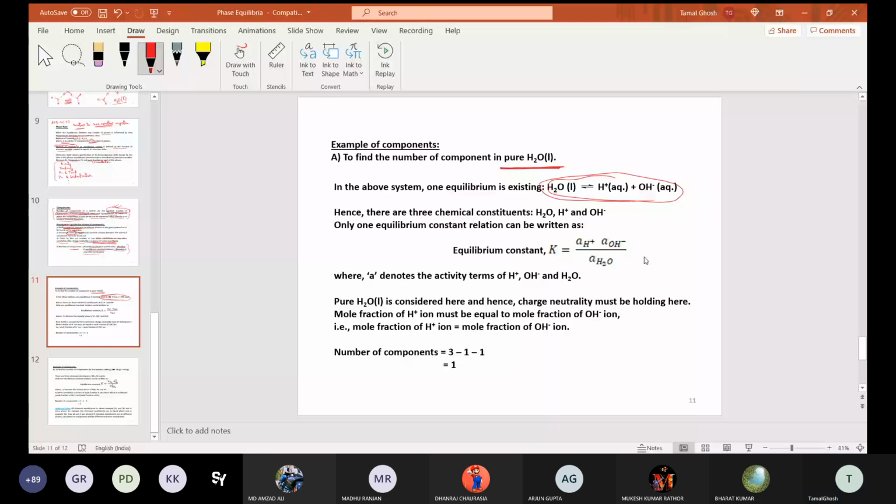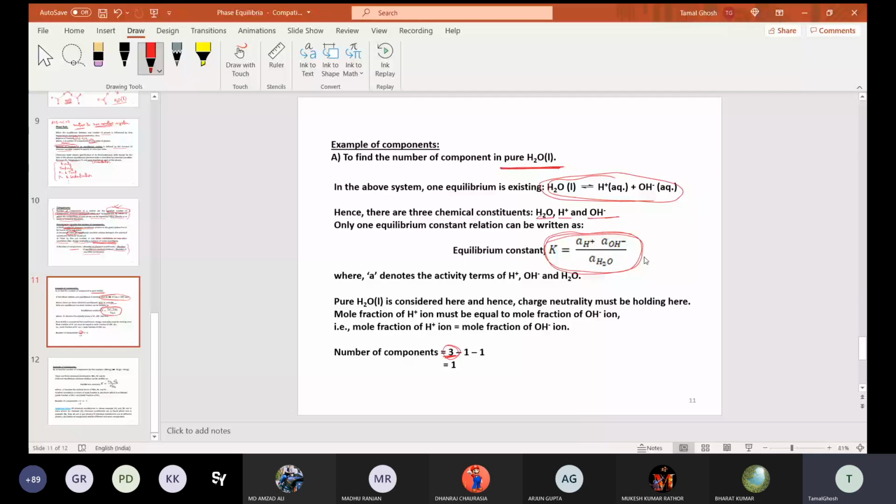Now we have written 3 in the lower part, you can see. Now we can write an equilibrium constant in terms of these constituents: activity of H plus times activity of OH minus divided by activity of water. Now, you write these in terms of concentration, but I have written in terms of activity. Activity is equal to activity coefficient multiplied by concentration.